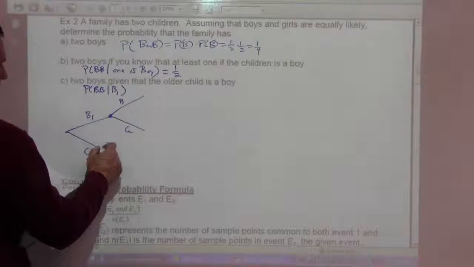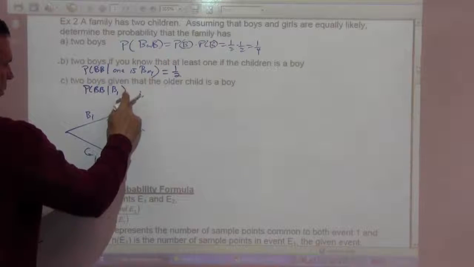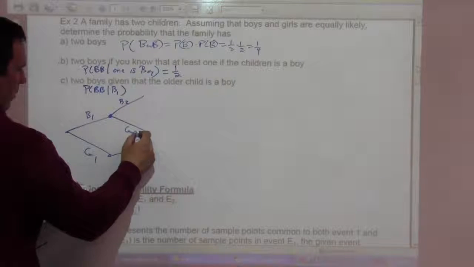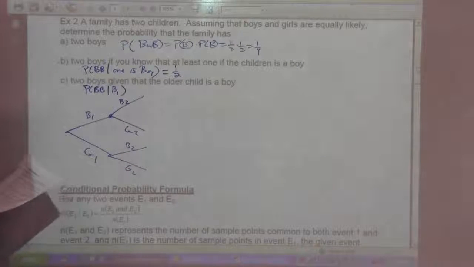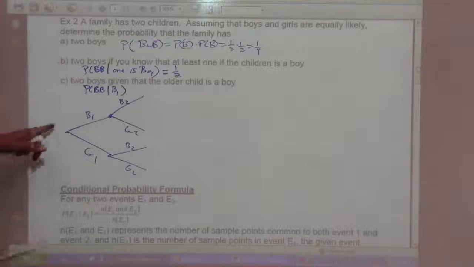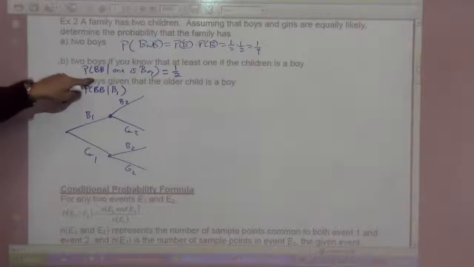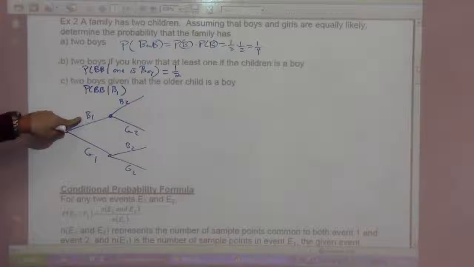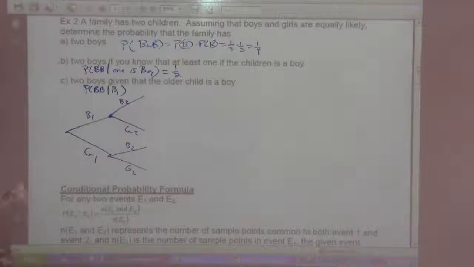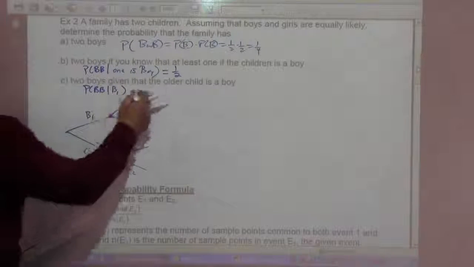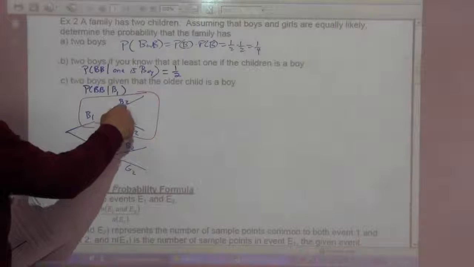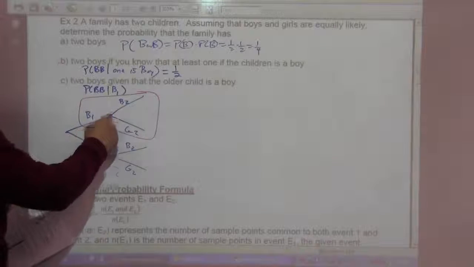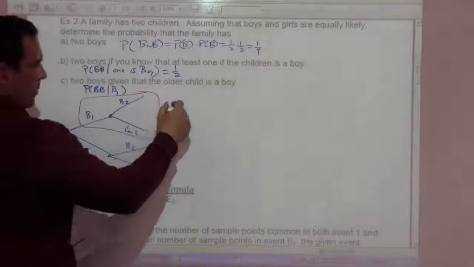So this is B1, G1, B1B2, B1G2. So the third case is talking about the probability of 2 boys given that the older one is a boy. So boy, then boy. So we're talking about being in this situation right here. Well, the probability of having 2 boys, knowing the older is a boy, is 1 out of 2 possibilities.